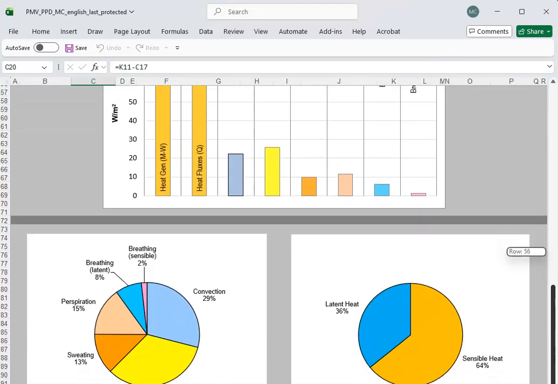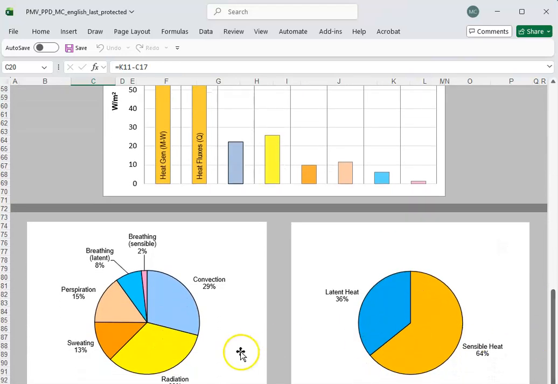There is also the possibility of showing this type of graph, a pie chart, with the different coefficients, the different heat fluxes, and finally the breakdown between latent heat and sensible heat for the situation that we were showing.